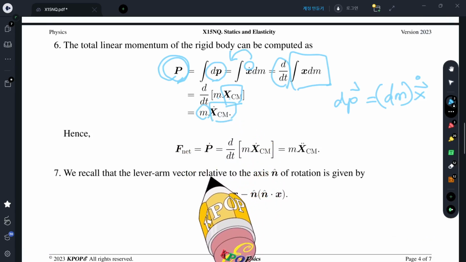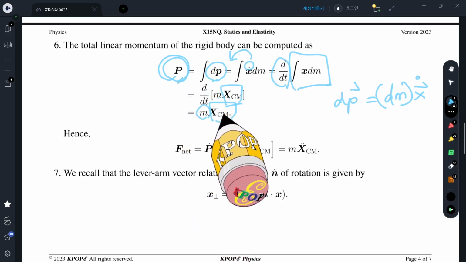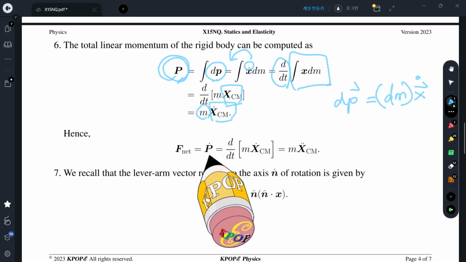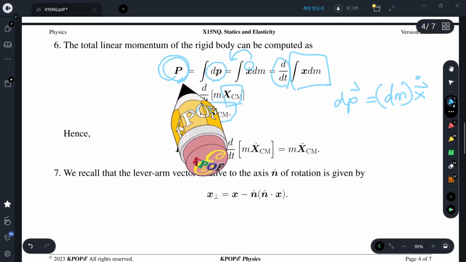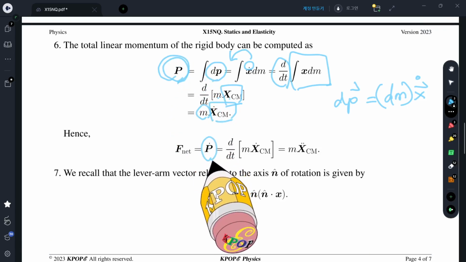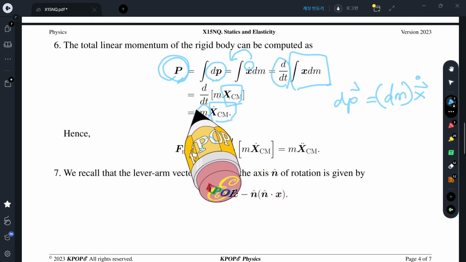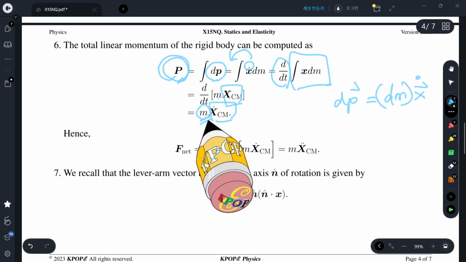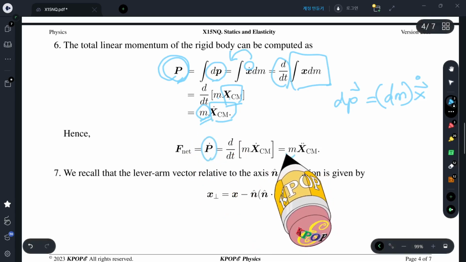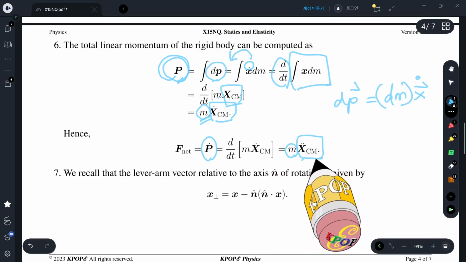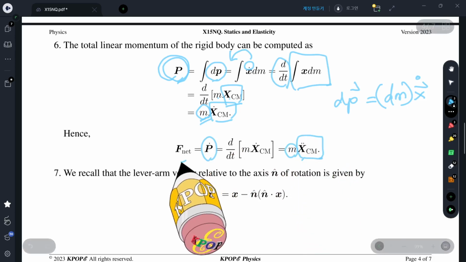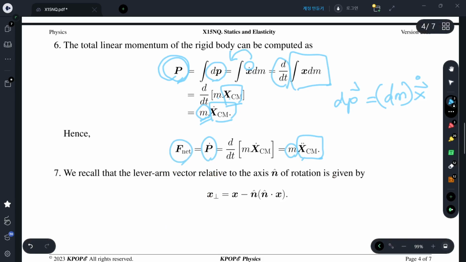As a result, if I take another time derivative, I have the time derivative of the total linear momentum, and the total mass is still invariant. In that case, I have mass times the acceleration of the center of mass, and that is the net force applied to the system.